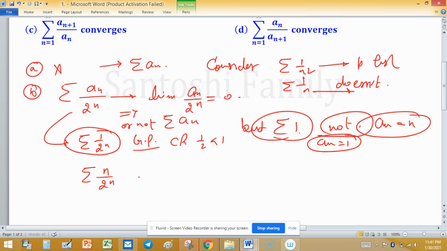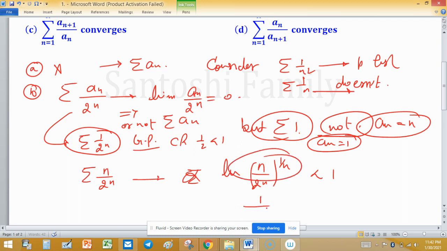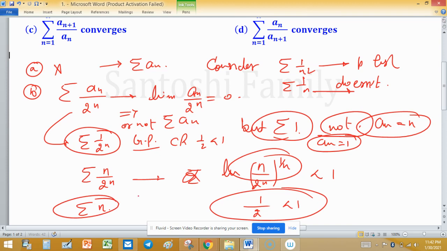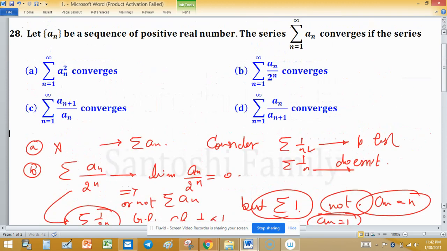If we apply the root test here, then the limit of the nth root of n upon 2 raised to the power n will be less than 1 if convergent, and it is given that this is convergent. This one will be 1 upon 2 raised to the power 2, and it is less than 1, but this one is not convergent. So option B is discarded here.